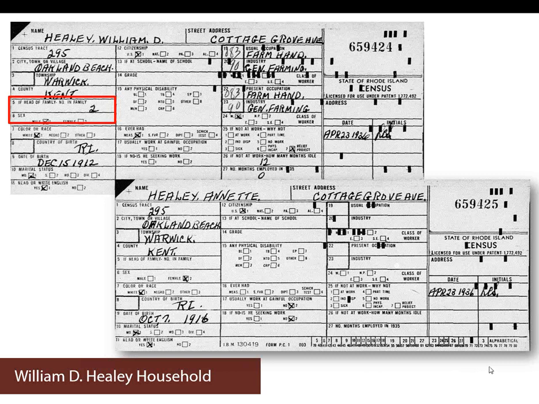So in essence, by finding his card, I now know that Annette and he are the only 2 people in this household. And not surprisingly, they've probably just recently gotten married because Annette's like 19 at this point. So again, young couple, just married, don't have any children. But you can see how if you don't do that, you're not going to get the full picture of this state census.